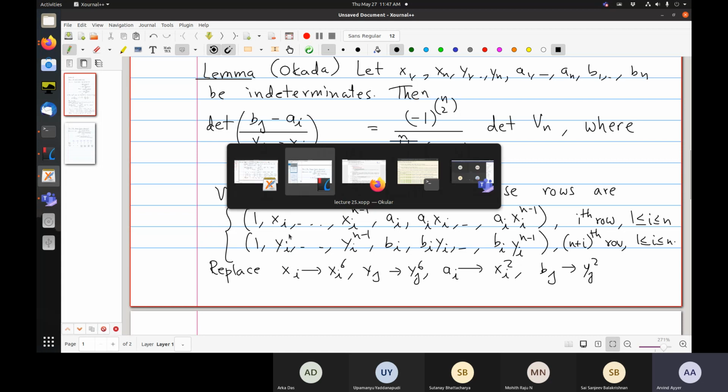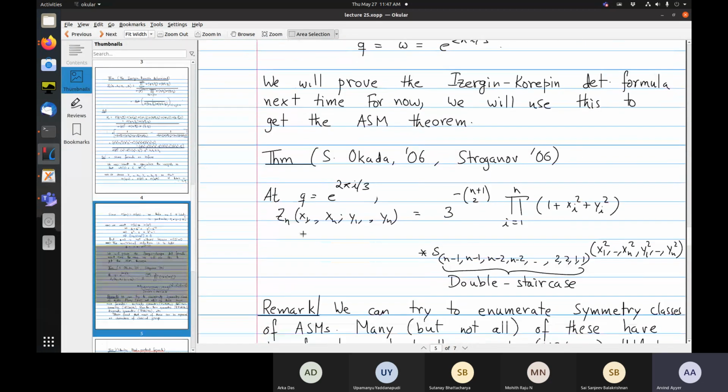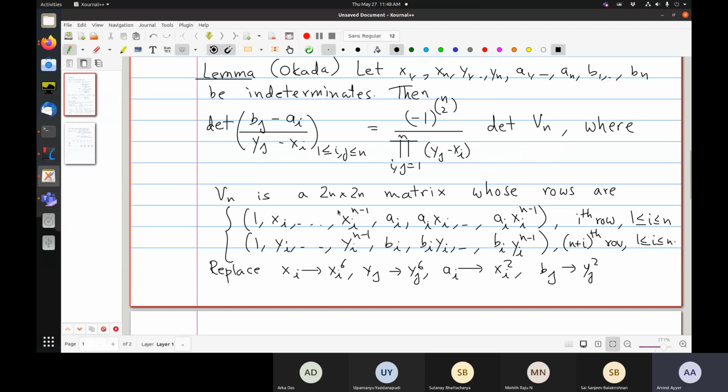because of the repetition of variables. So if you remember Okada's result, let's go back to it. It becomes a Schur function in these xi squares and yj squares, and the exponents are coming from here, as you can see, and the duplicity, every index occurring twice, comes from the fact that the rows are repeated.